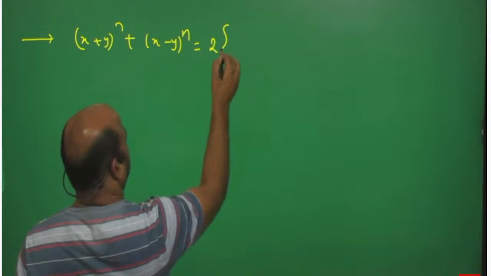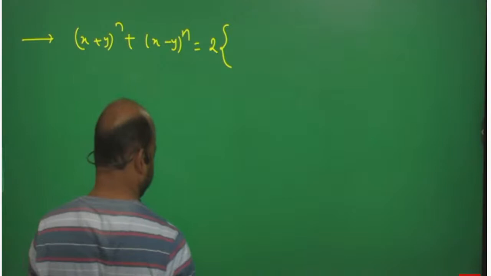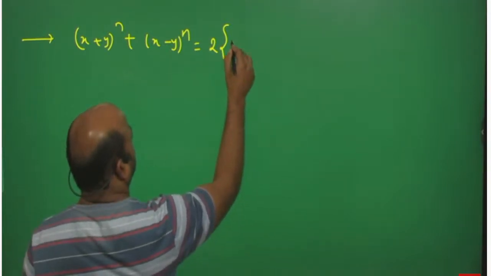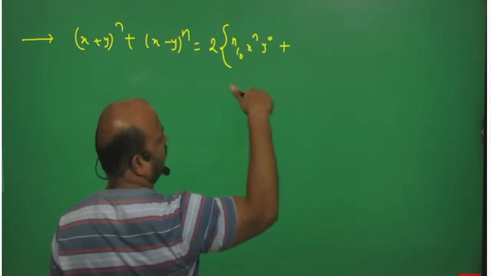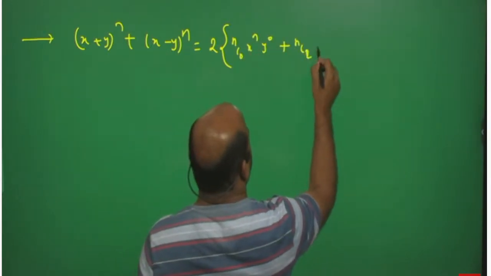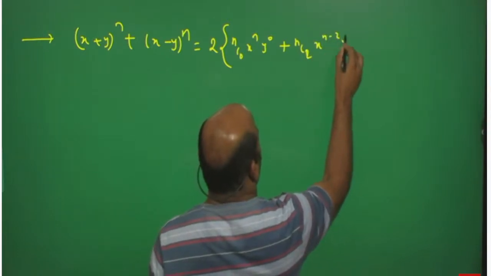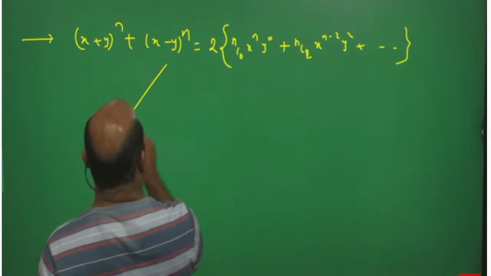Do you know what I will get? Adding means alternate plus minus terms will cancel. You will get 2 times of nC0 x^n y^0. nC1 cancelled. So what you will get? nC2 y^2, like that.